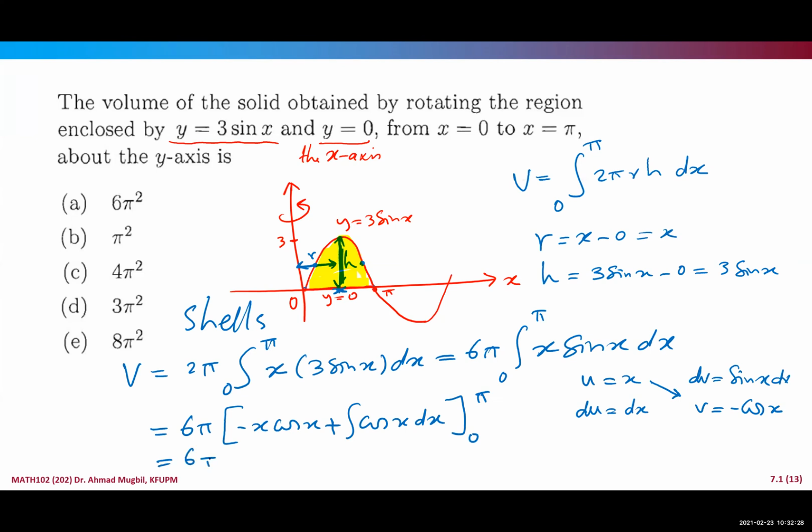What is the integral of cosine x? The integral of cosine x is sine x. So here we are, shabab, just substitute and you will get pi. 6 pi multiplied by this will be 6 pi squared.